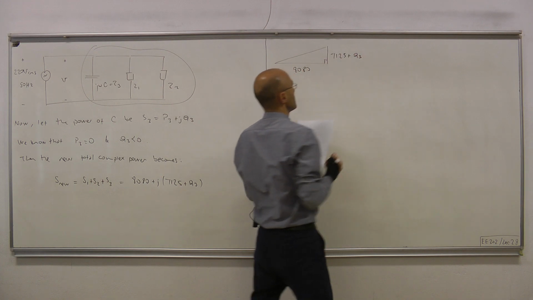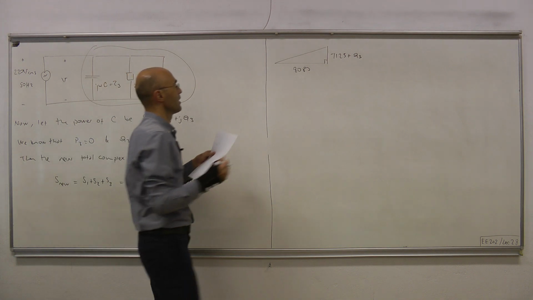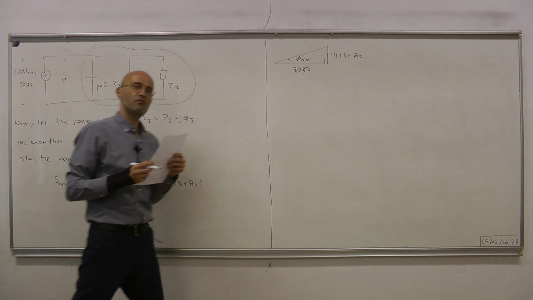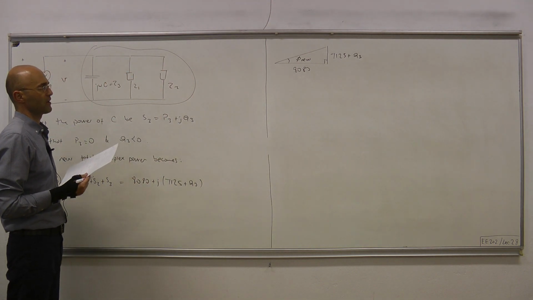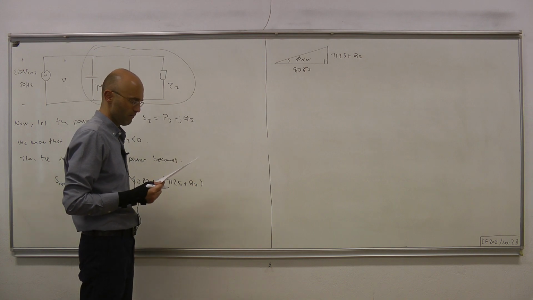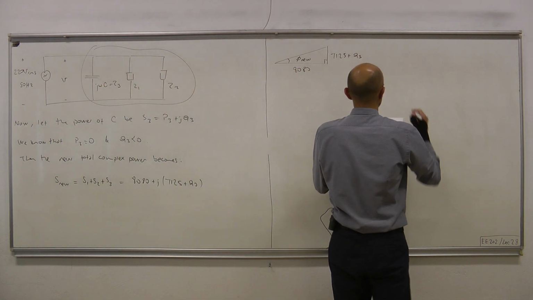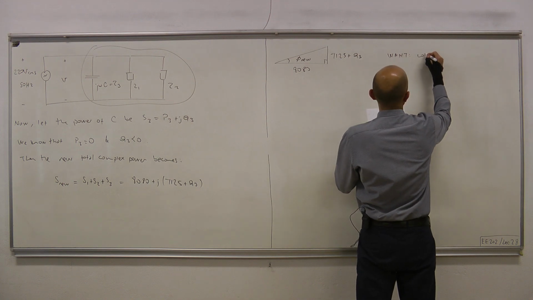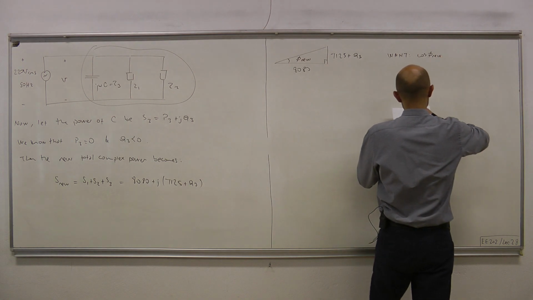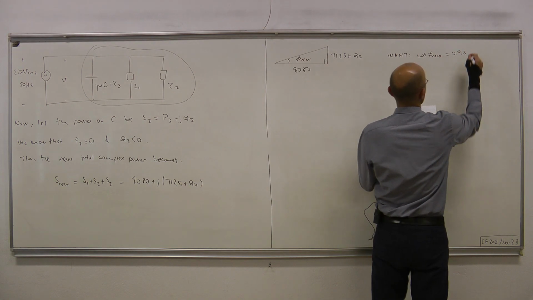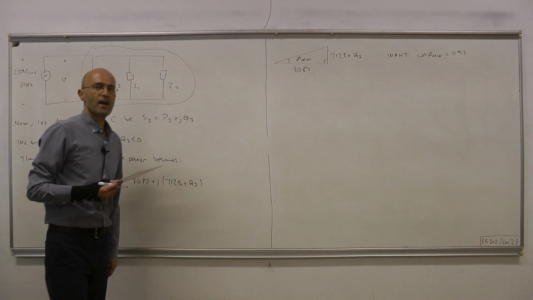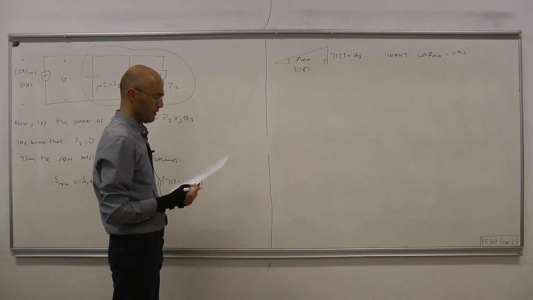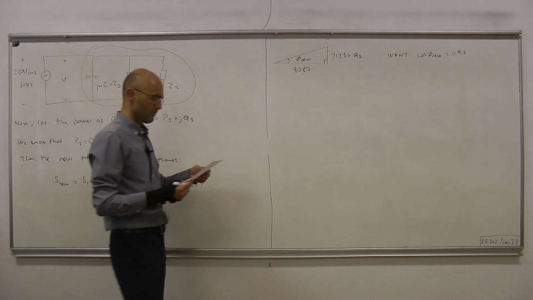7125 plus the reactive power of the capacitor. And this angle here, let's call it phi new, the cosine of which is our new power factor, which we want to equal 0.95. So what we want is cosine phi new equals 0.95, a value that's much closer to 1 compared to the original value without the capacitor.